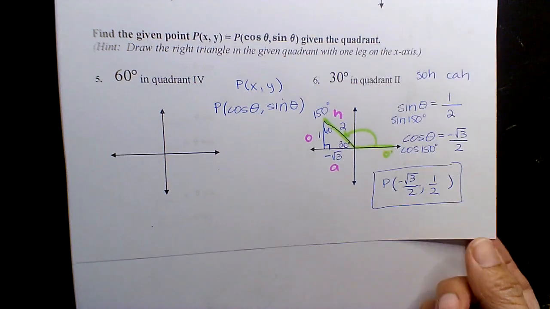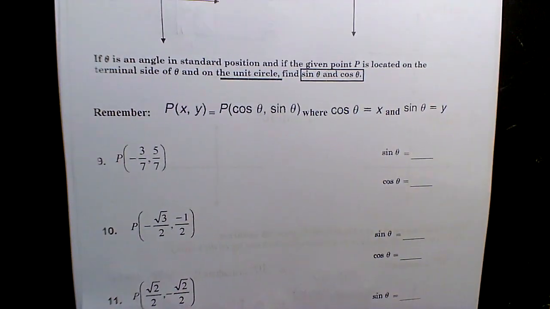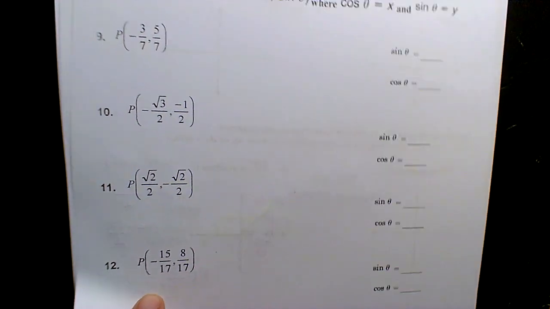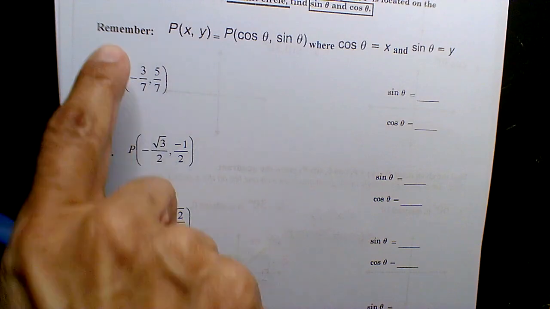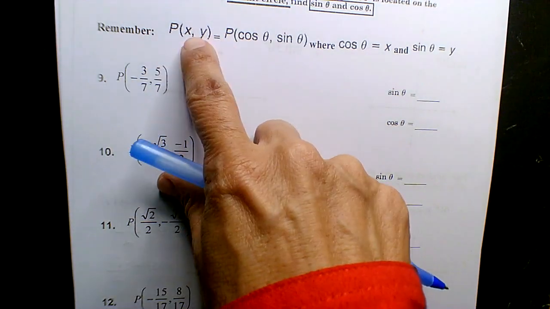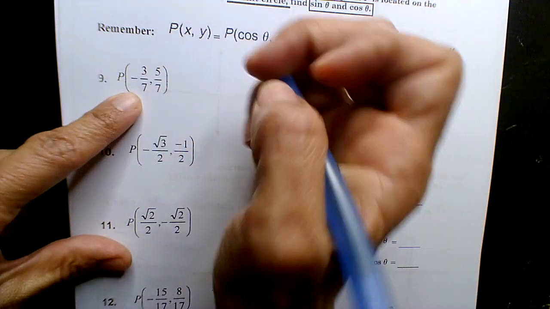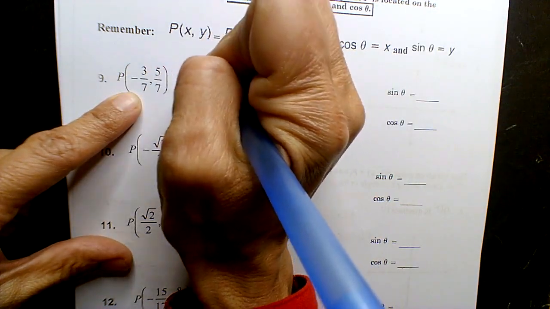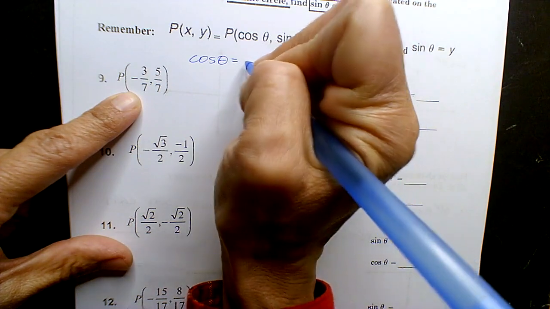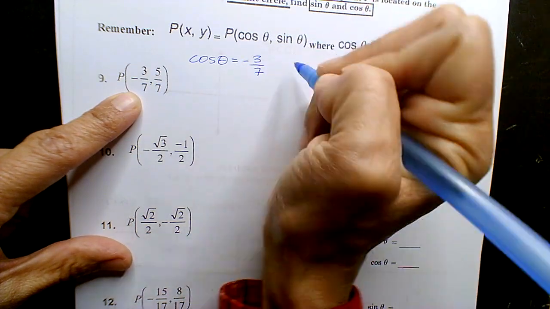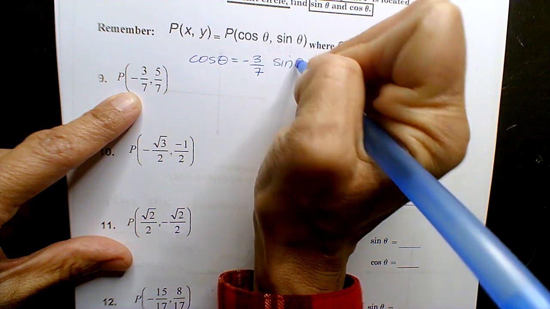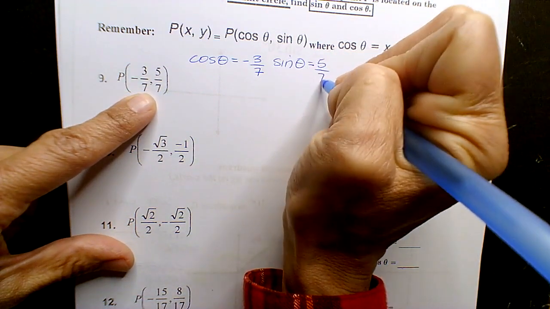Okay, so now let's flip it to the back. Okay, so now here, the 9 through 12 give you the coordinate point. So that means if they give me this, cosine theta is -3/7. Sine theta is 5/7.